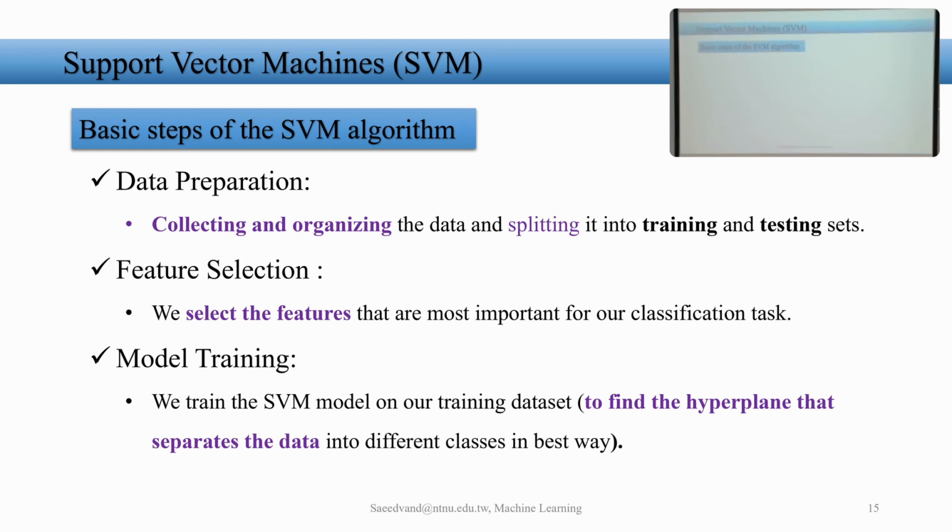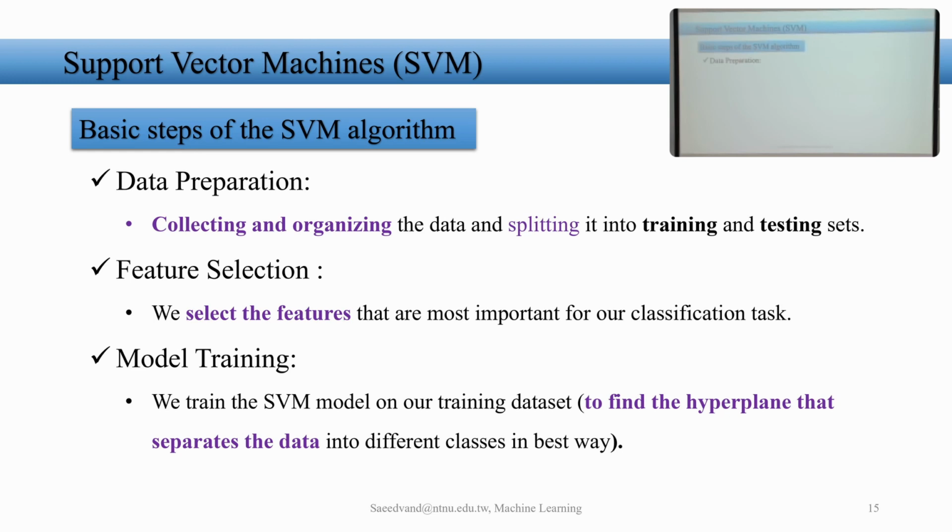Okay. Now let's have a general view of what we need to do with SVM, then go into details of how we can train the model and what the important things are in order to find that hyperplane.